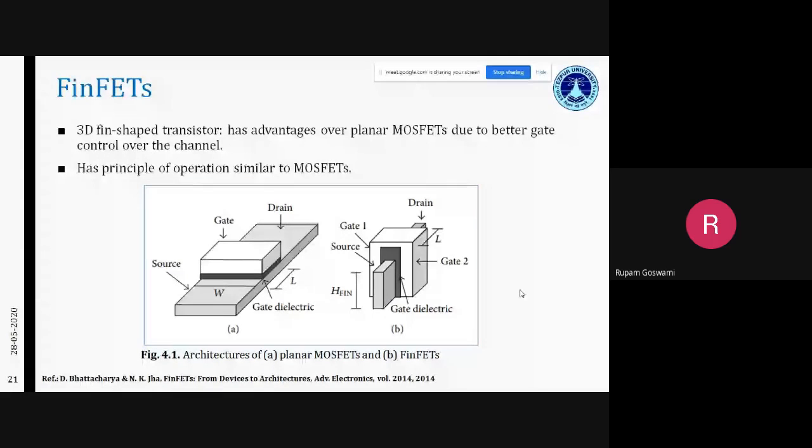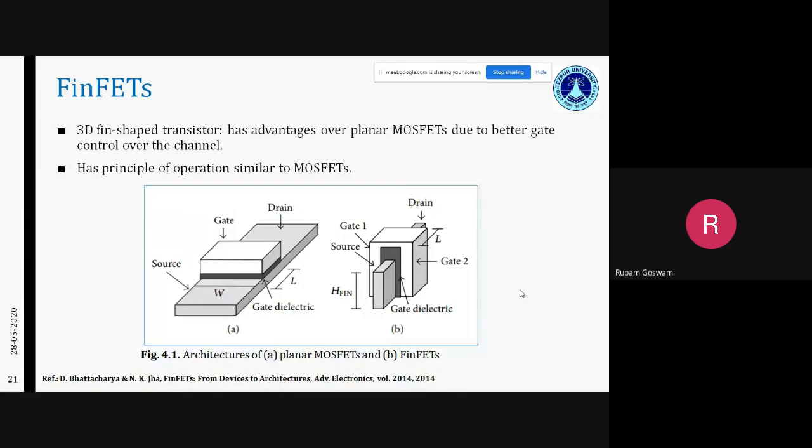Basically, in a planar MOSFET, as you can see on your screen in figure 4.1a, the gate just exists above the channel. And in figure B, you can see that the silicon has been converted into a fin, and the fin is now surrounded by the gate on all three sides.